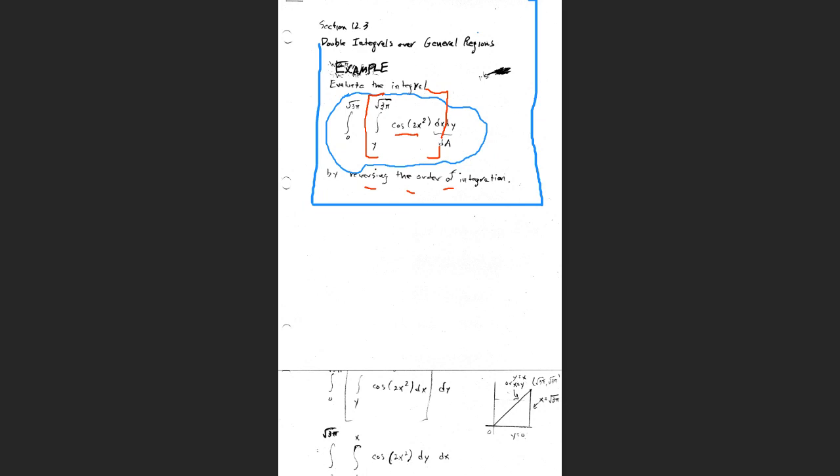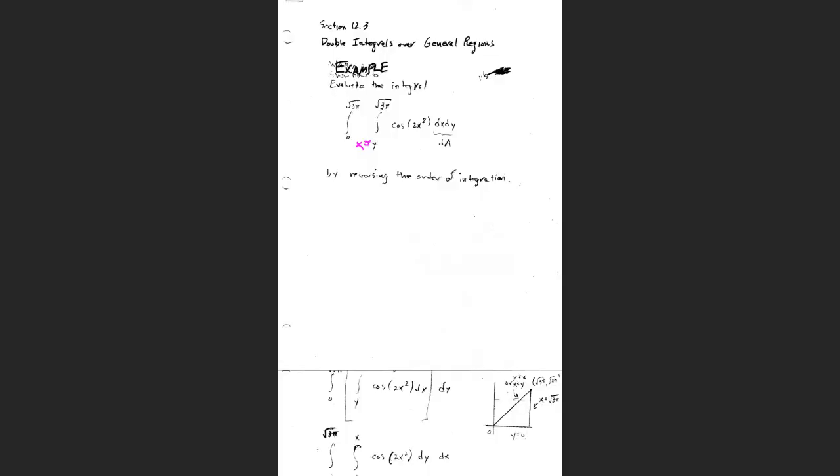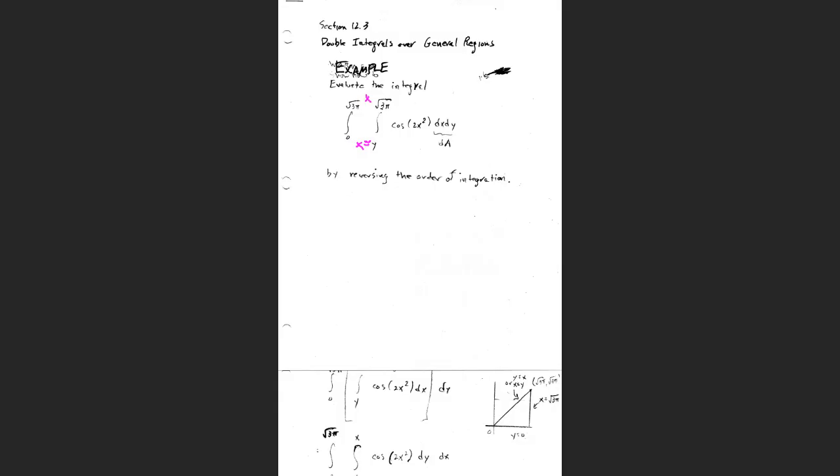Now, you have x limits. So, for instance, when you see the y, this is x equals y, right? So the bottom limit on the inner integral is y, but it's really x equals y. And the top limit here is x equals square root of 3 pi.